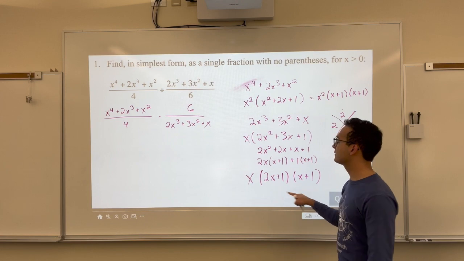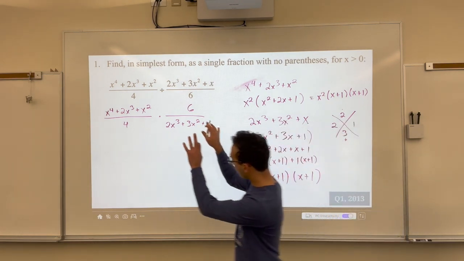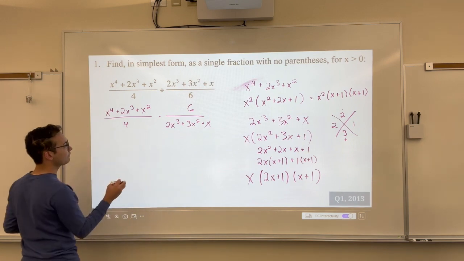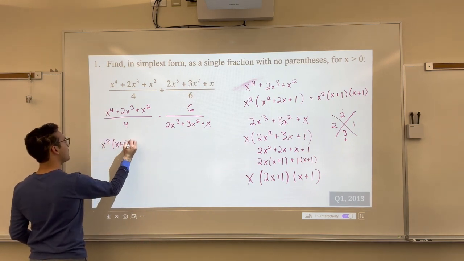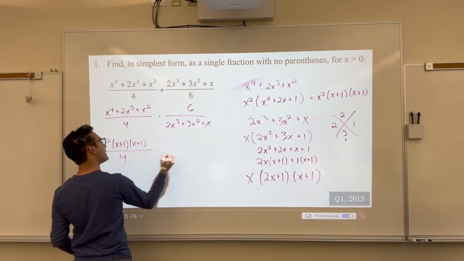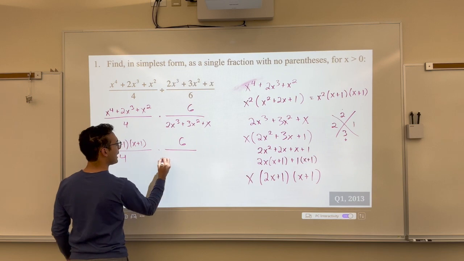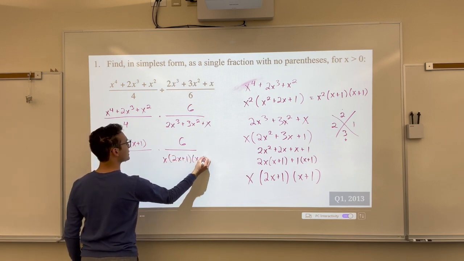So that's the factored version of this denominator. So let's go ahead and write all of what we just did over here. So it's going to be x squared times x plus 1 times x plus 1 over 4 times 6 over x times 2x plus 1 times x plus 1.